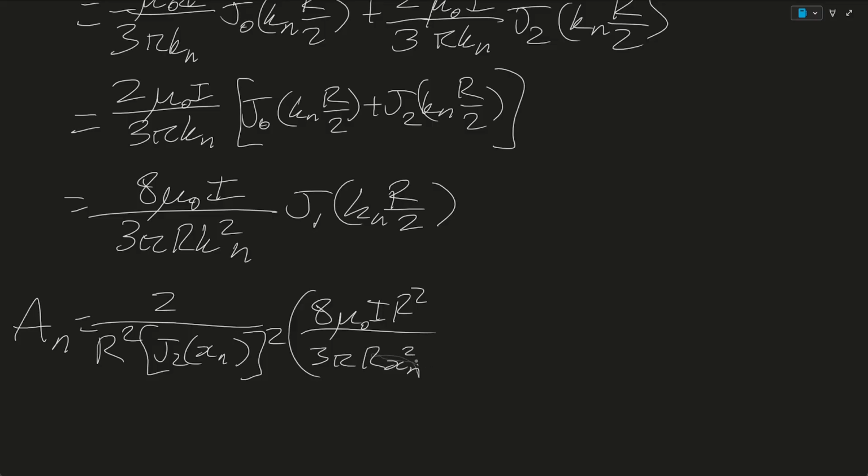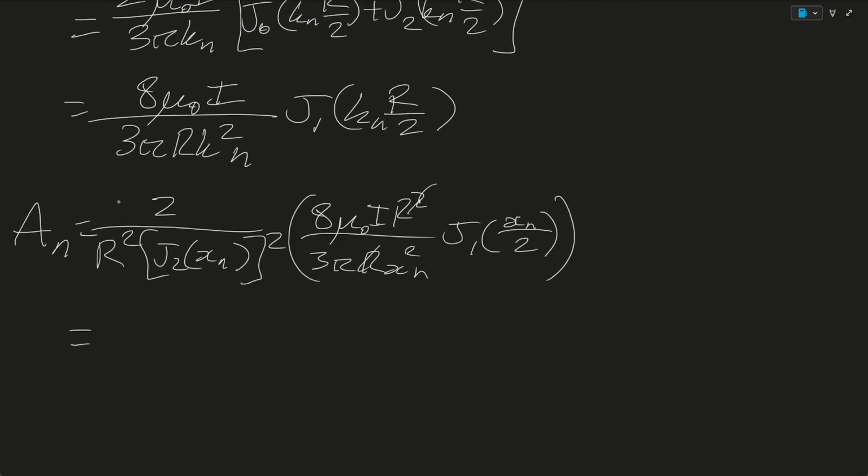I can actually, sorry, I can actually cancel that, I forgot. Doesn't matter. j1 xn over 2, which is, goodness me, prepare, 16 mu naught I, I'm going to leave them as a separate fraction, over 3 r xn squared.